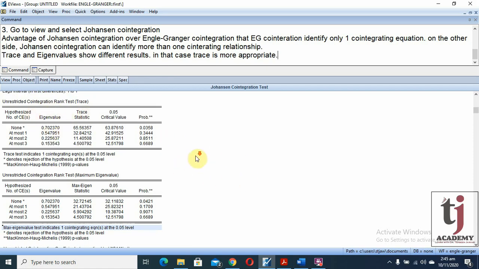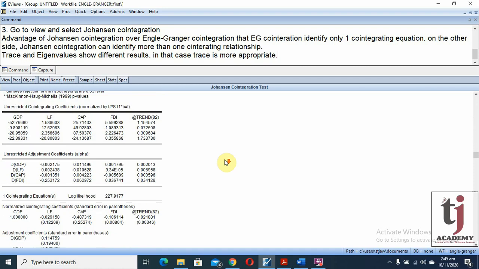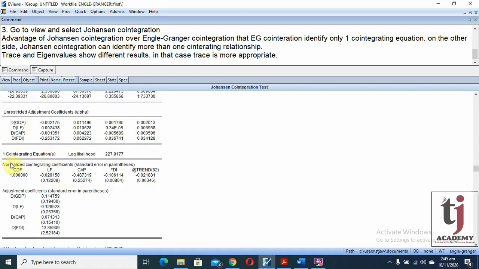One more thing, when we scroll down, here is the normalized cointegrating coefficient. The variable having the value 1 below it is the dependent variable, same as we have selected, and these are the independent variables like labor force, capital and FDI.